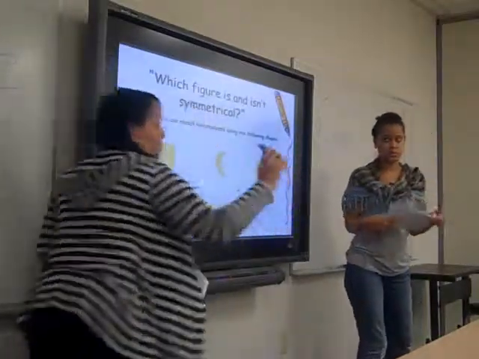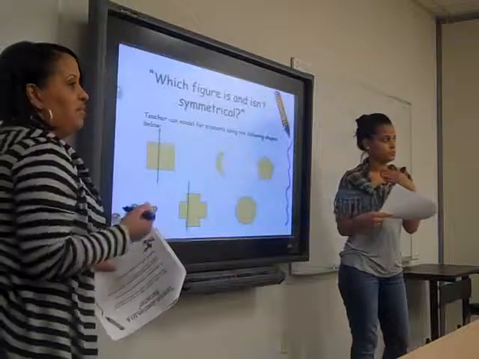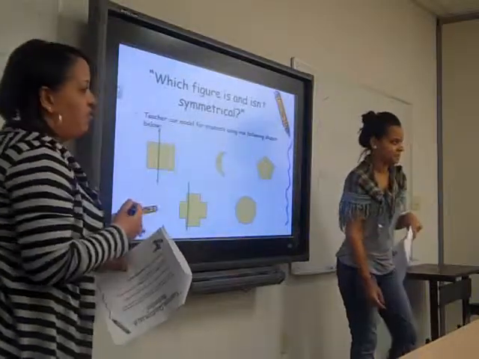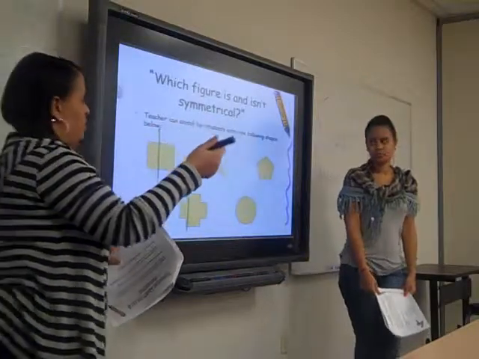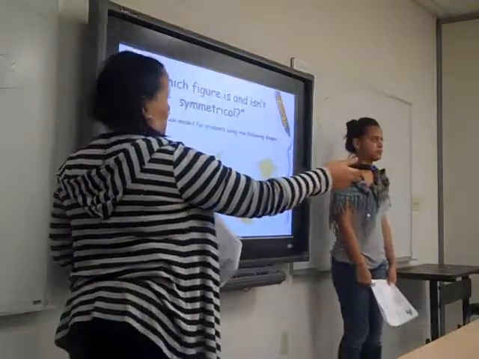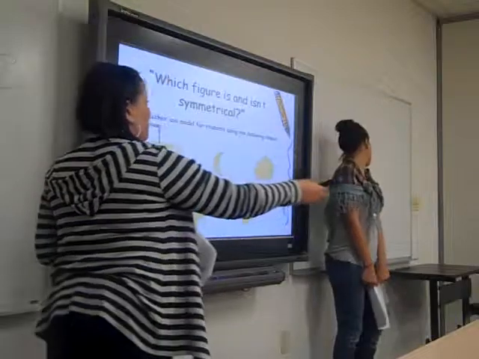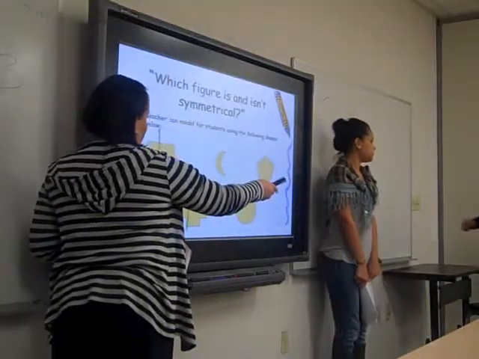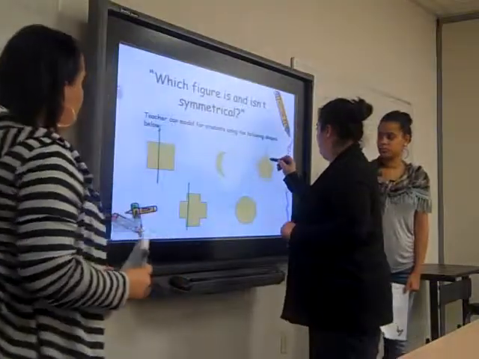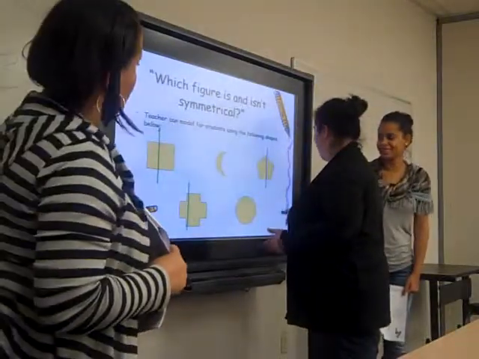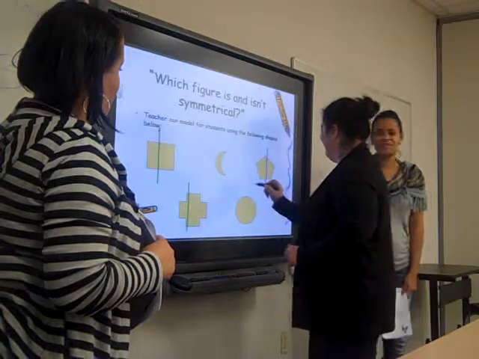Does anybody want to come up and just draw a line through one of the figures, Anita, so we could see what a line of symmetry is? Or if you understand what it is? It's fine.